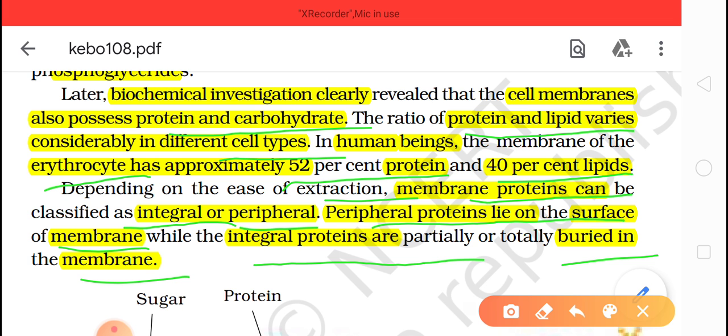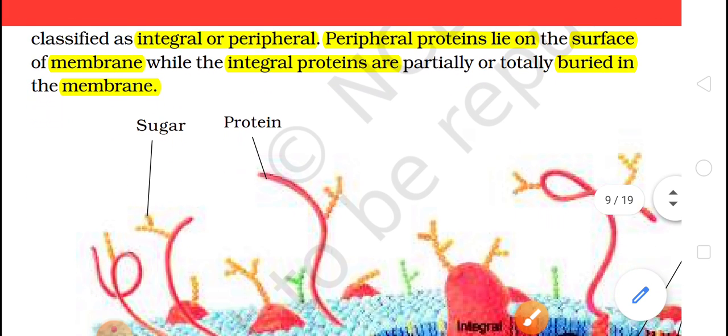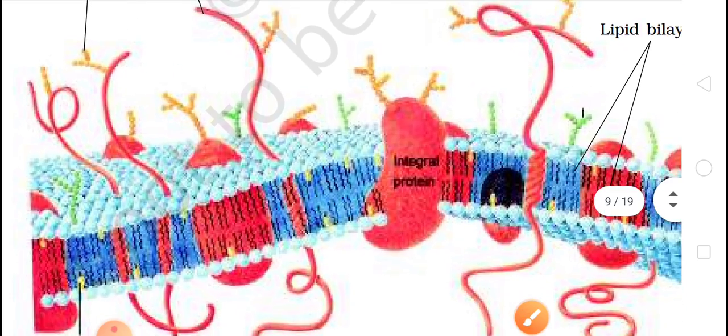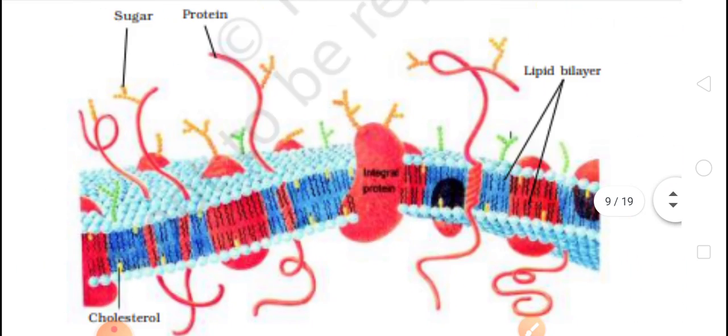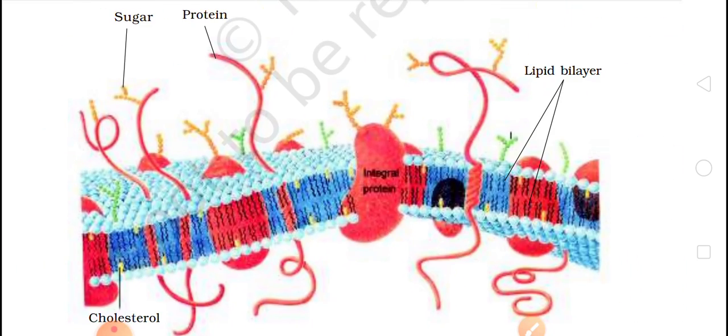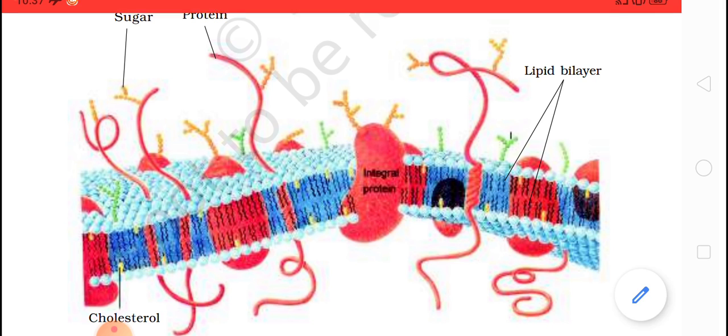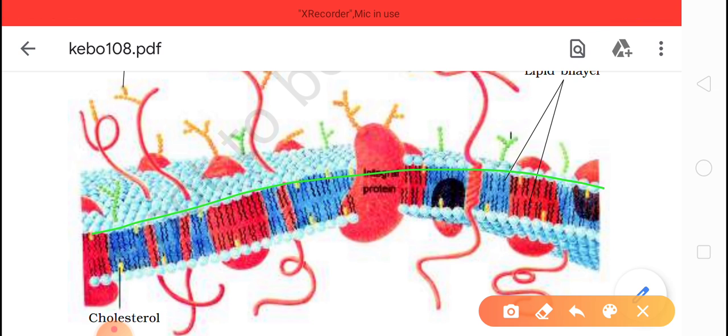Inside the membrane, we can see that the integral proteins are found. As you see on your screen, in the structure of the cell membrane, the two layers of lipids are there, children, and in them the proteins are also embedded.